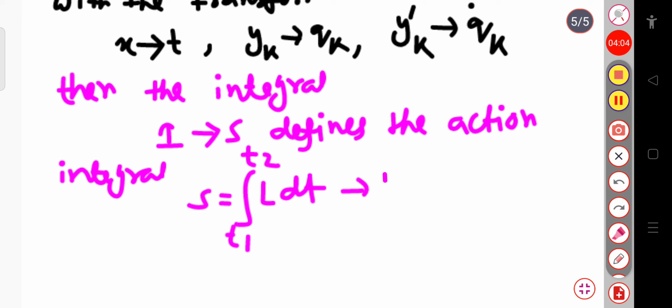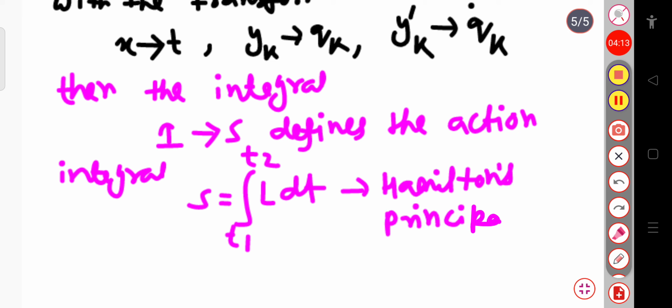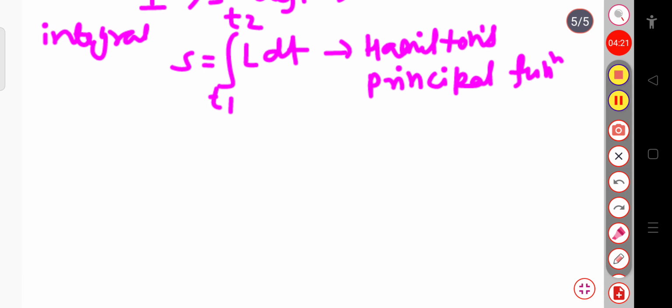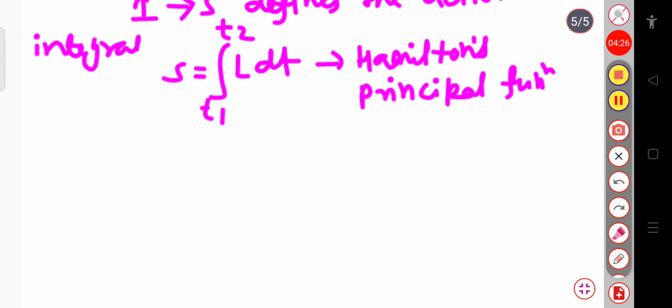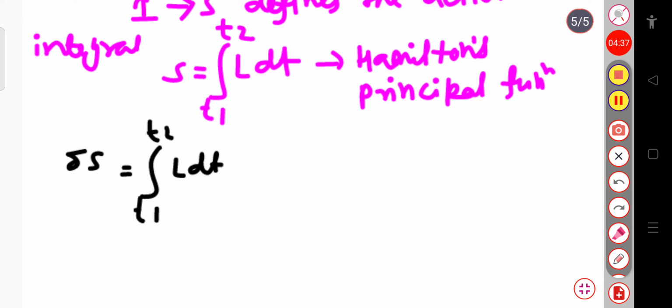This is Hamilton's principal function. We have also already derived that this principal function has an extremum or stationary value, so delta S, the integral of L dt from t1 to t2, is equal to 0.